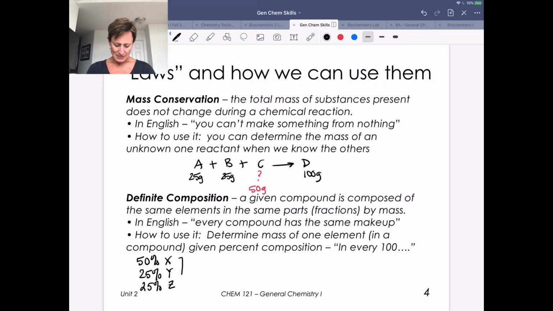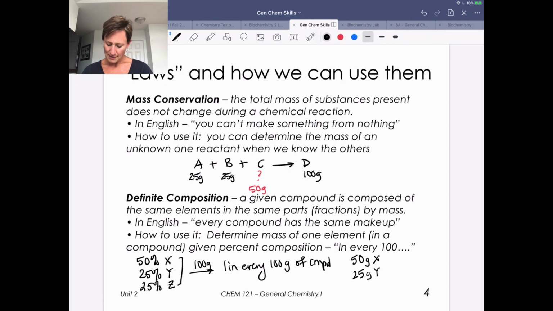We can use this information to say, well, you know what, if that's the percent composition, if I had 100 grams, I could say in every 100 grams of my compound, I would have 50 grams of X, 25 grams of Y, and 25 grams of Z. Well, now I have something.